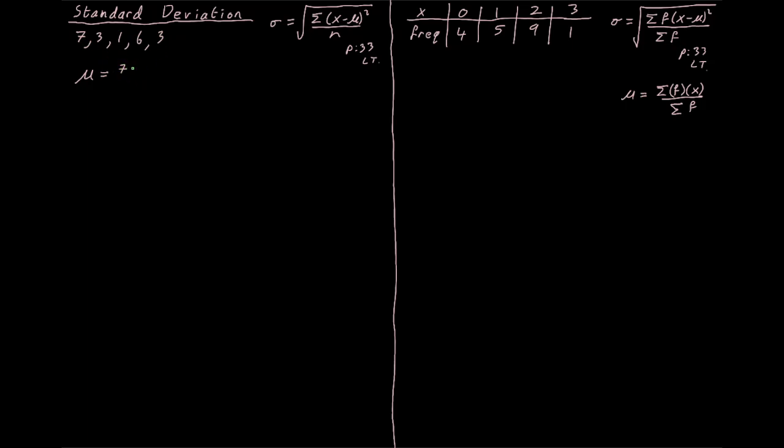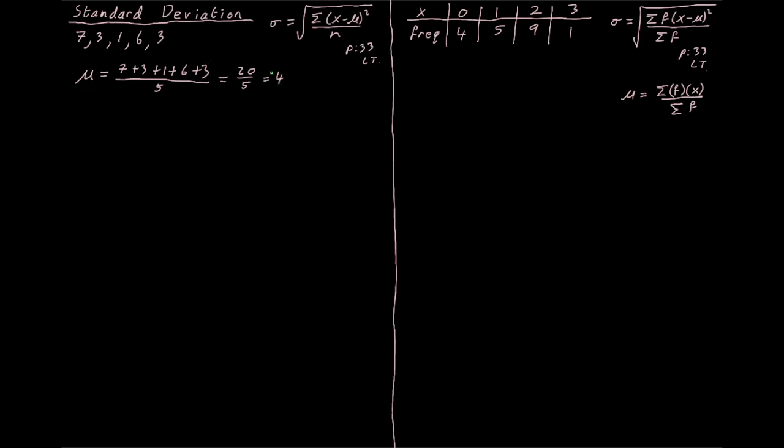So we just have 7 plus 3 plus 1 plus 6 plus 3, all divided by the number of numbers. So we have 1, 2, 3, 4, 5 numbers in total. So our mean ends up being 20 all over 5. Our mean ends up just being 4. So the mean of this data set is going to be 4.